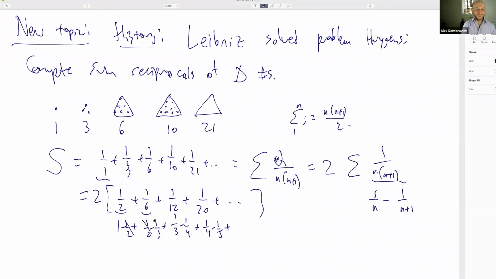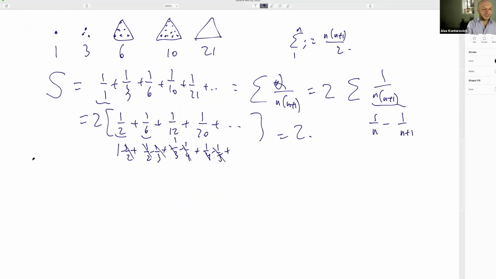And it just telescopes all out, and you get 2. Cool? Nice and simple. Everything was peachy keen in the early days of calculus. This is like 1680s or something, 1690 maybe, 1690s.